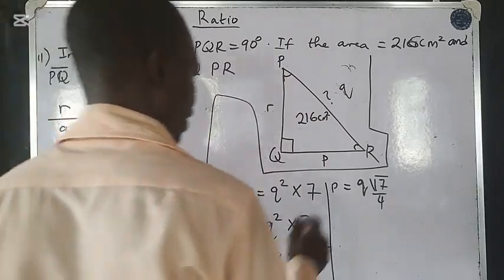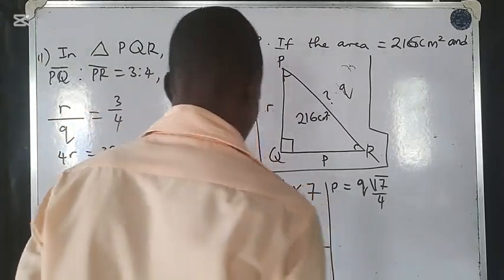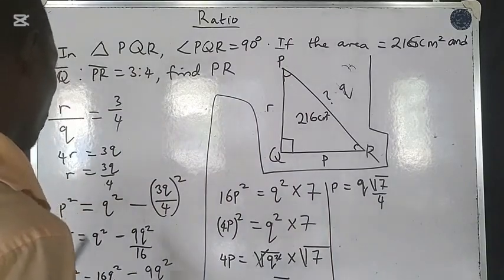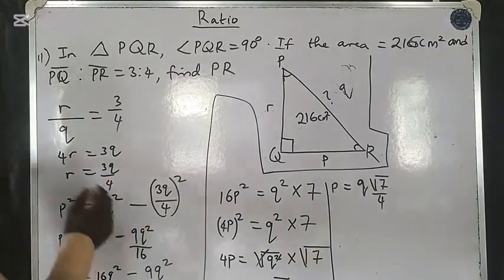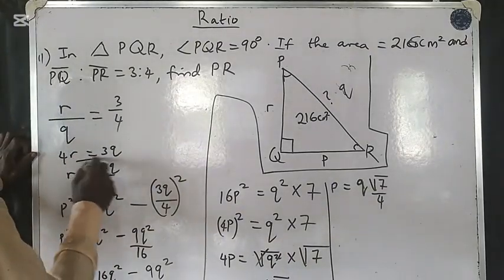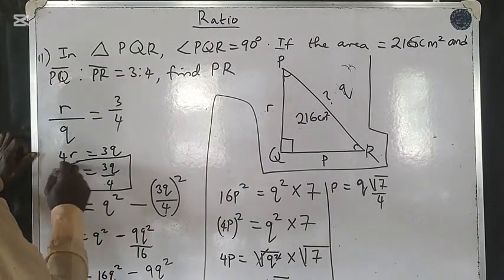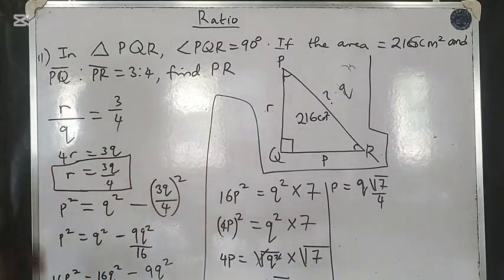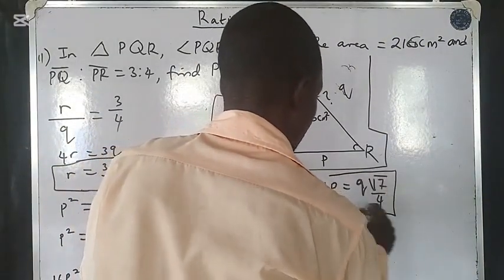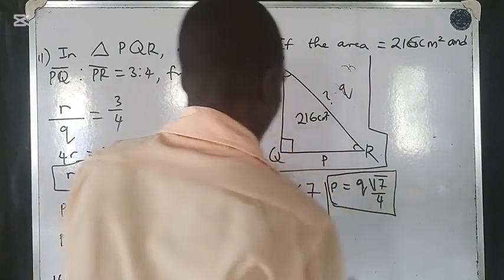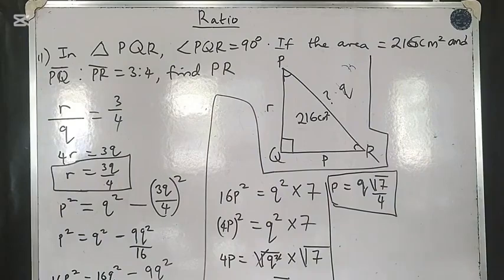So we have got a value for P and we have got a value for R. This is our value of R for the height of the triangle, and this is our value of P for the base of the triangle. Therefore, we can solve for this side.